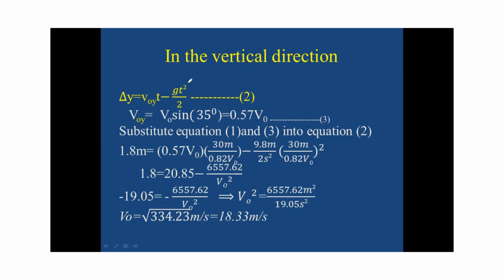the initial point. So the vertical displacement at any time as a function of time equals v naught y t minus half g t squared, where v naught y is v naught sin 35, which is the vertical component of the velocity, 0.57 v naught.